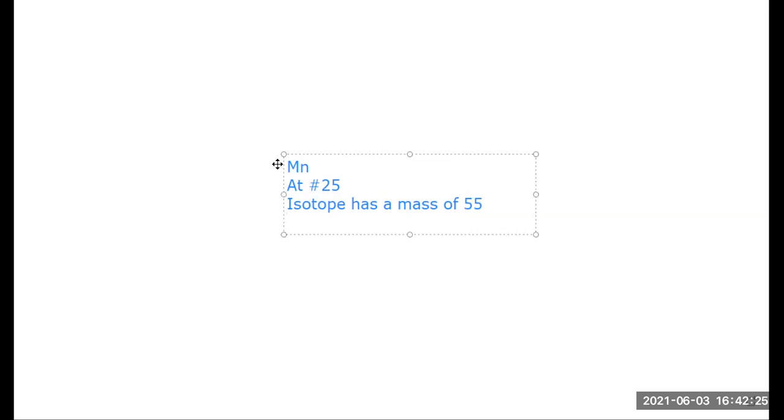So therefore, based upon this idea of your positive bits have to equal your negative bits, you would have, oops, it's supposed to be 25 protons. You would have 25 electrons.